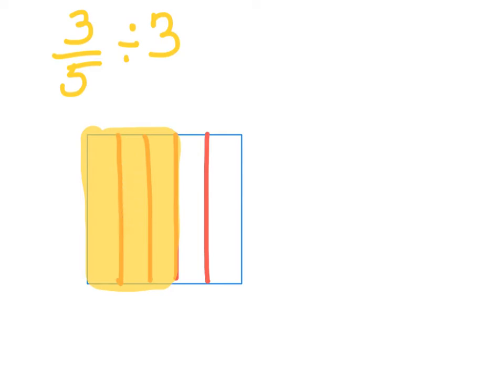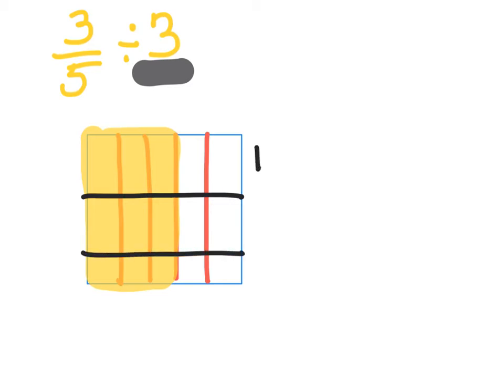I then am going to divide it among 3 people. My whole number is going to tell me how many rows I'm going to make. So I'm going to make 3 rows. 1, 2, 3.